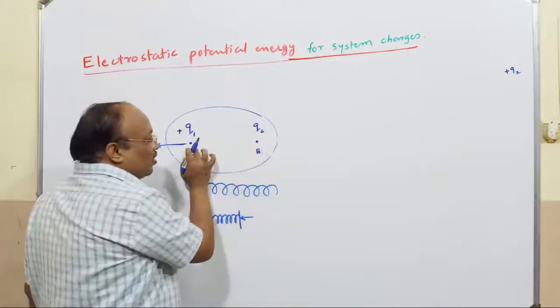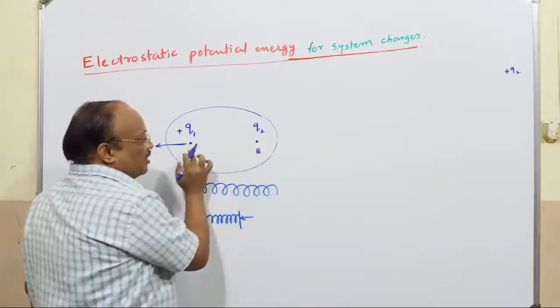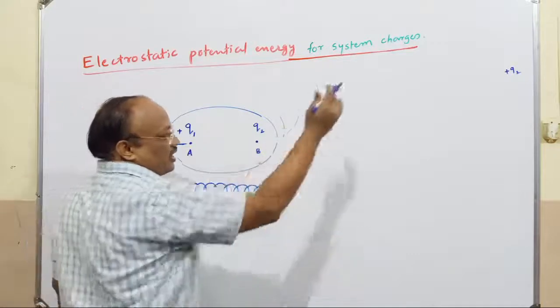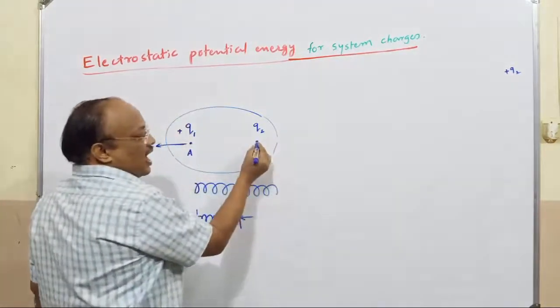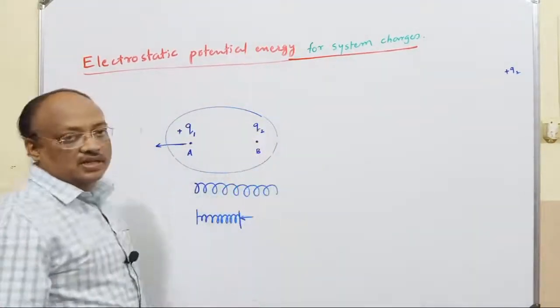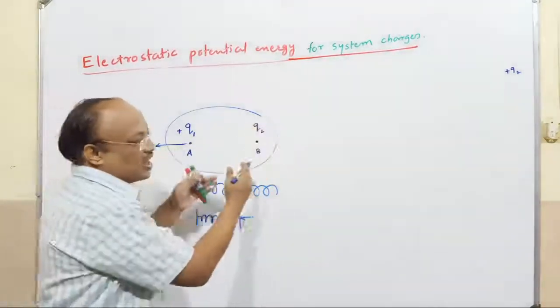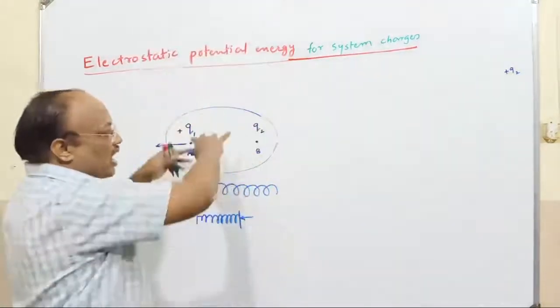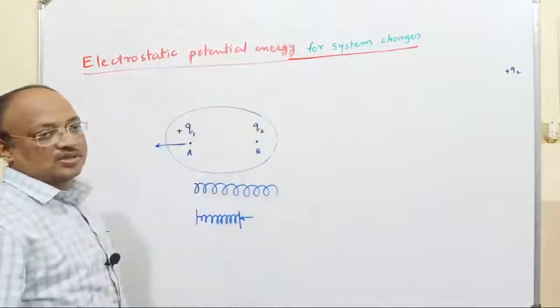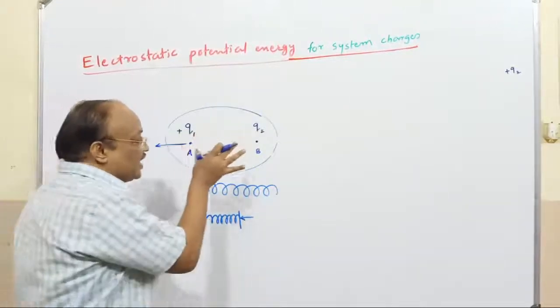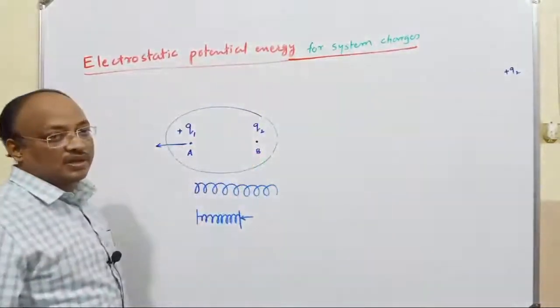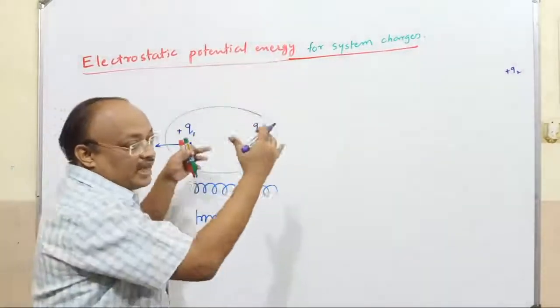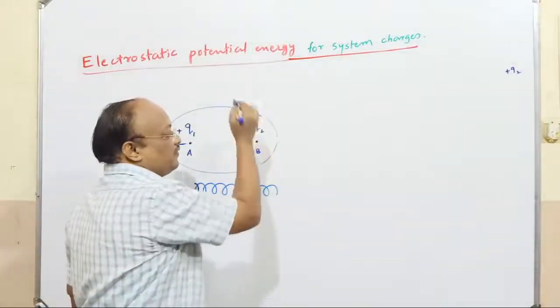At the given locations, at location A and location B, I am bringing the charges. I am assembling the charges by doing the work at the given locations. How? By bringing them in from infinity.